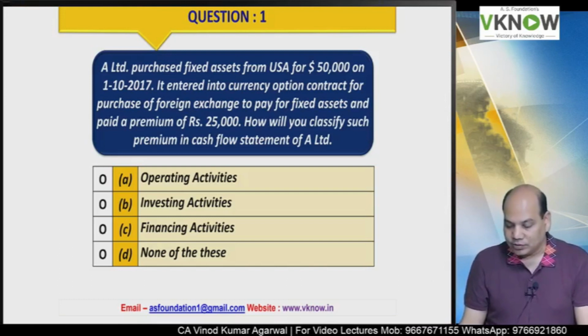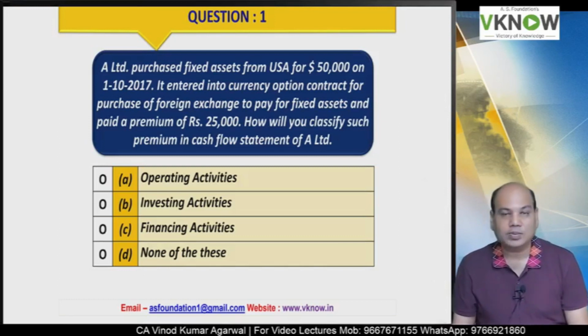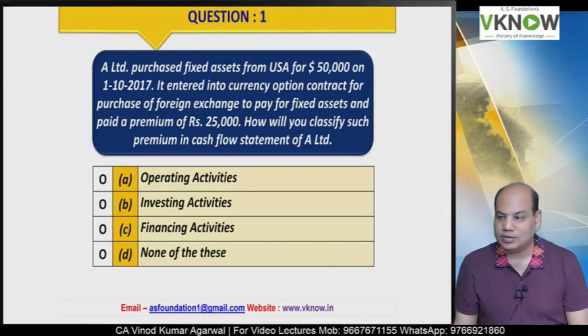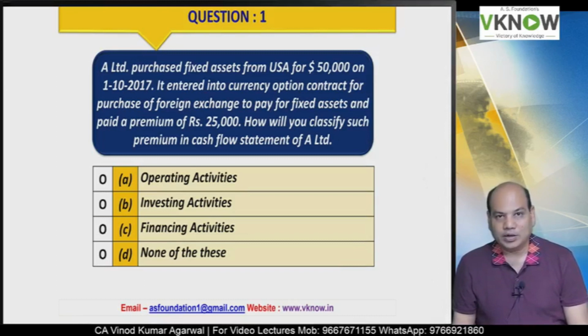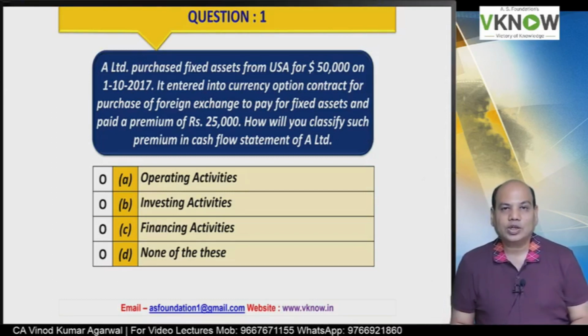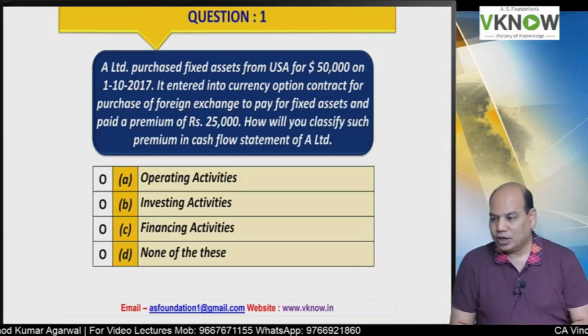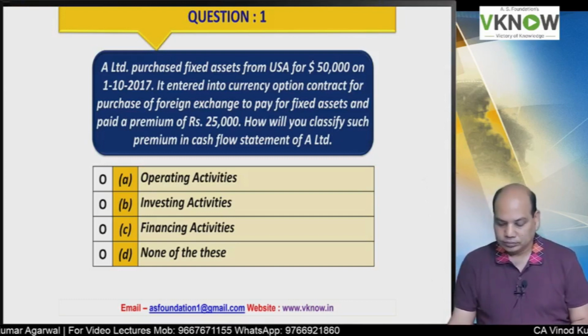The question is, how will you classify such premium in the statement of cash flow of A Limited? Premium paid to buy a currency option, and the objective is to hedge the amount that you will pay for purchase of fixed asset. So where would you present it?